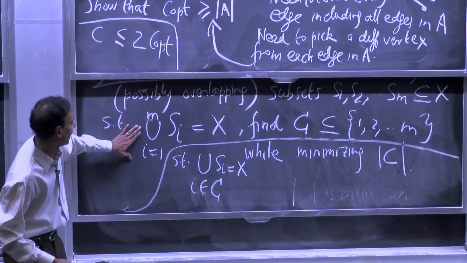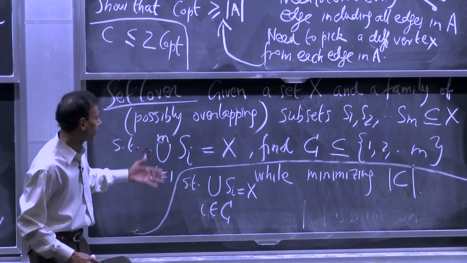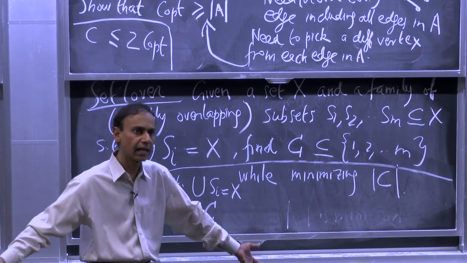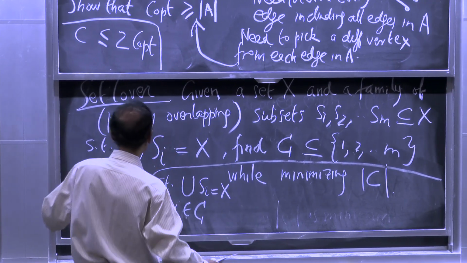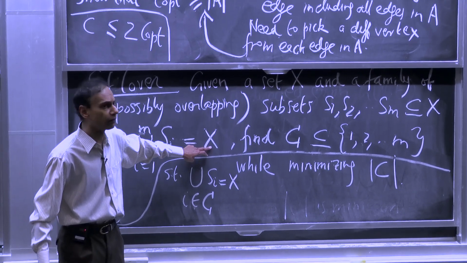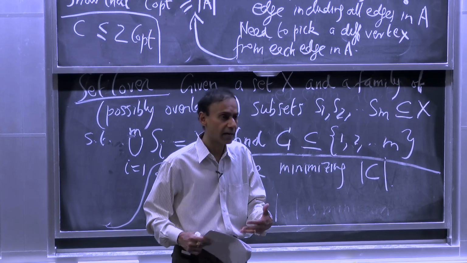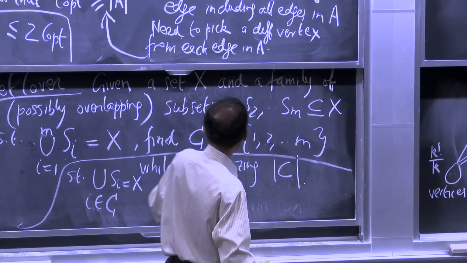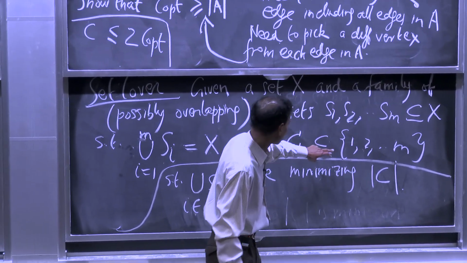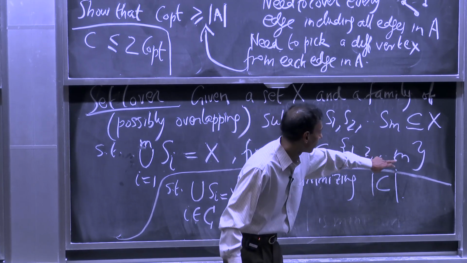So this is simply a specification of the problem. I'm going to be given X, and I'm going to be given a large collection of subsets such that the union of all of those subsets are going to cover X. And now I'm saying I want to look inside and I want to select a bunch of these things, C, which is some subset of these indices.